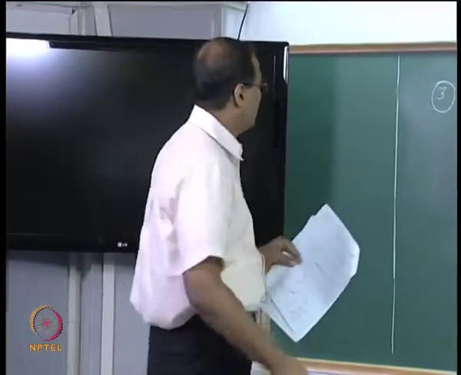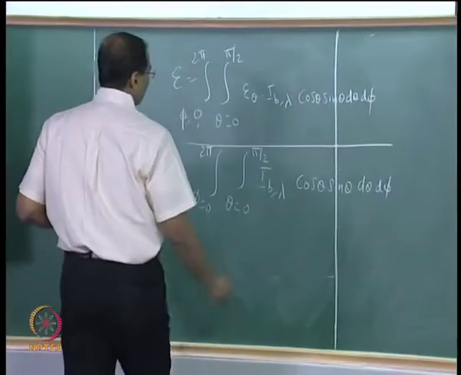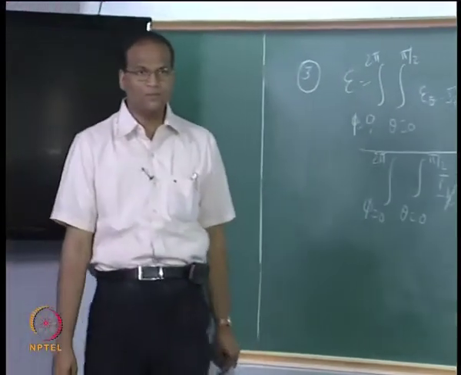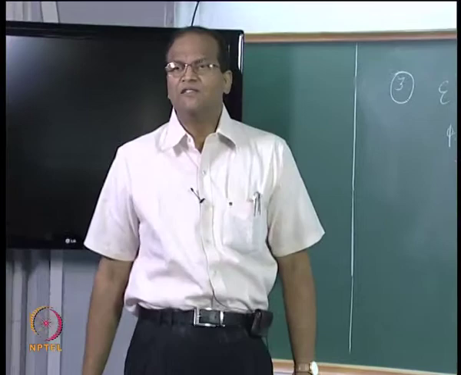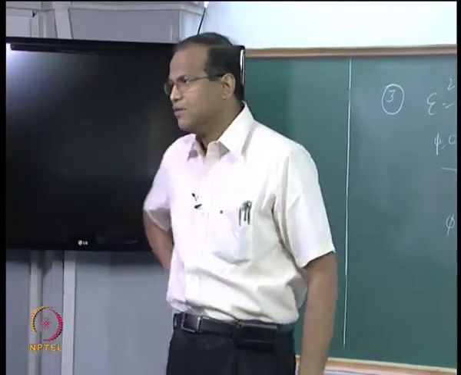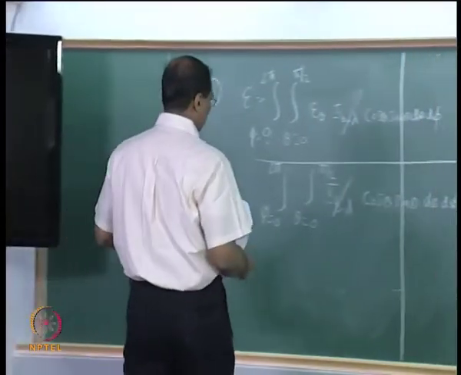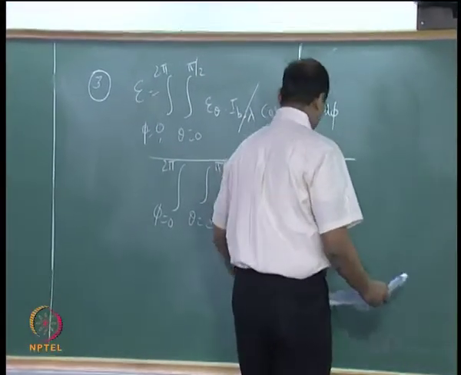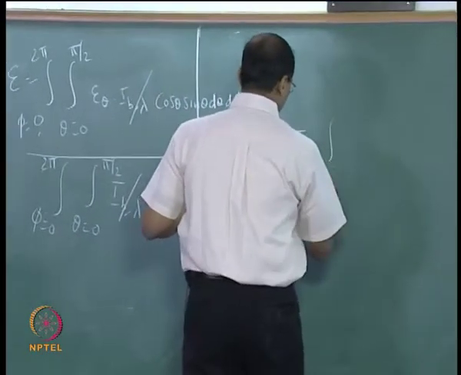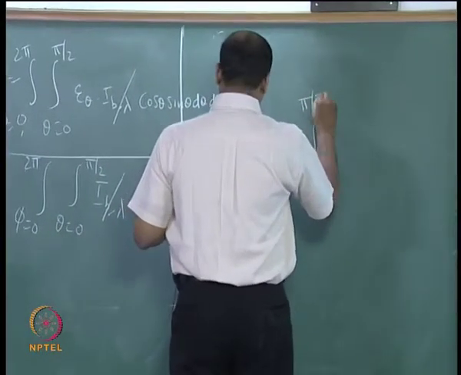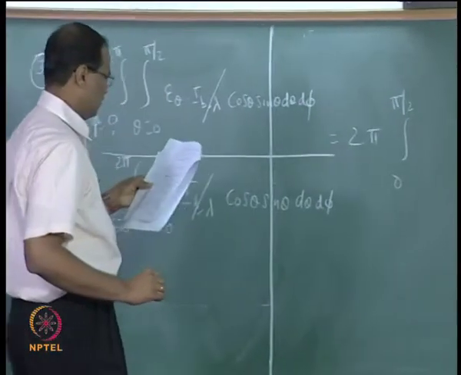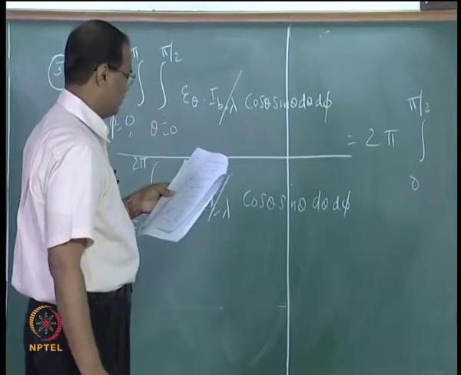Okay. So can this fellow be knocked off? And one integration with respect to phi will give 2 pi in both the numerator and denominator, that can also be removed. Okay. So two pi by, is that correct?